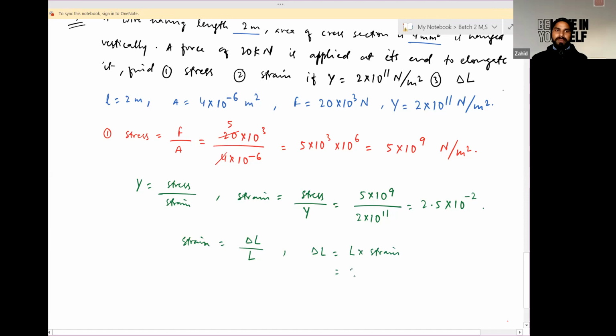L equals 2 meter and strain produced is 2.5 into 10 to the power minus 2. So it will be 5 into 10 to the power minus 2 meter. If you convert it into centimeter, it will be just 5 centimeter as delta L.